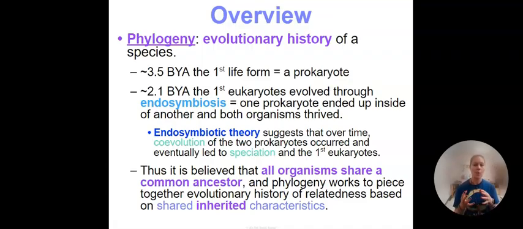So we're pretty confident that all of these organisms share a common ancestor. We can then put the pieces together and build an evolutionary history to show the relatedness of organisms based on their shared inherited characteristics, that is, how closely or distantly related 2 organisms or 2 species are to one another.